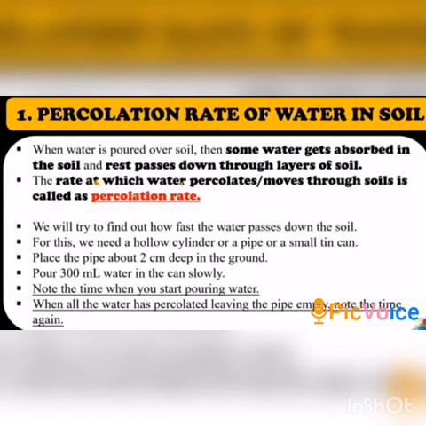When water is poured over the soil, what will happen children? Some water gets absorbed in that soil and the rest passes down through the layers of the soil. That passage of the water through the soil is called percolation. The rate at which water percolates or moves through the soil is called the percolation rate.